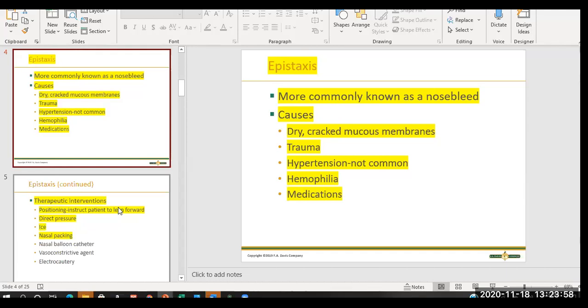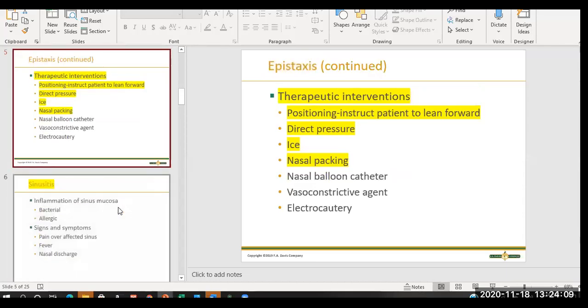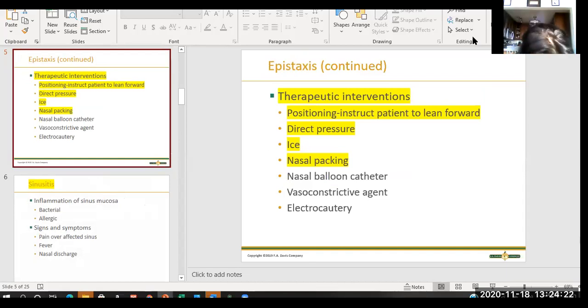Hemophilia, which is a genetic bleeding disorder. Not only will their nose bleed, but other body parts will bleed spontaneously as well. Some medications can cause nosebleeds. So what do you do if somebody's nose is bleeding? Everybody wants to go head back. Nope. Head forward. Can't say this enough. Head forward. So you want the patient to lean their head forward, okay? Believe it or not, direct pressure on the bridge of the nose, ice to the bridge of the nose.